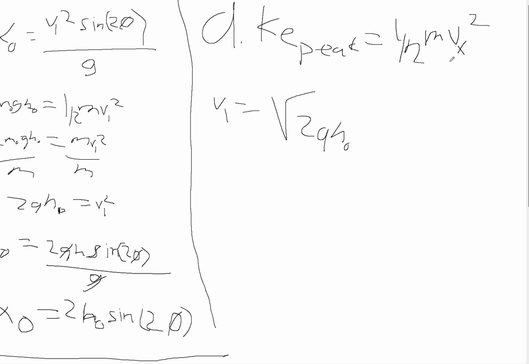And we also know from projectile motion that to find the vx of something, we just take vi cosine theta. So vi cosine theta is equal to vx, the x component, which is the velocity at the peak, because there's no y component at the peak.